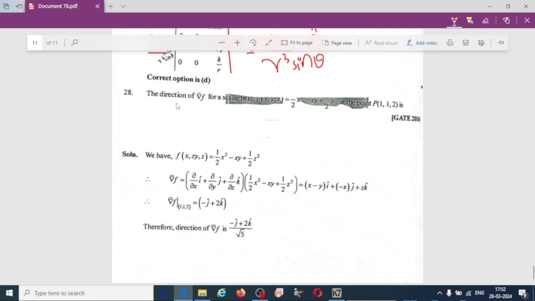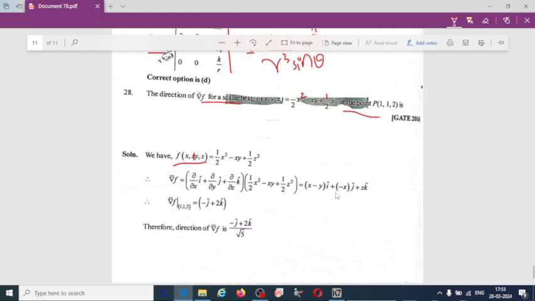And last one, the direction of del F for scalar field, they have given here the equation 1 divided by 2 x square minus xy plus 1 divided by 2 z square at the point. So if we take the del of the given function with respect to x, y, z, so del phi is what?